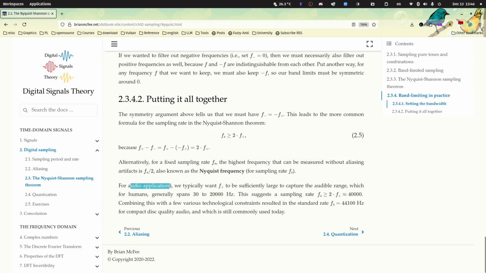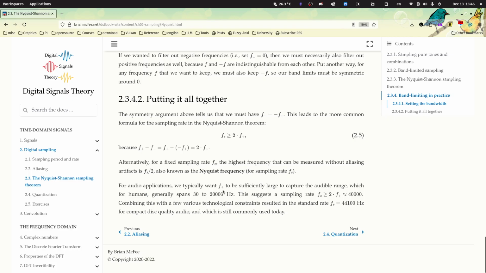I guess audio is the important application of the Nyquist-Shannon theorem. So we typically want f plus to be sufficiently large to capture the audible range, which for humans is like this.